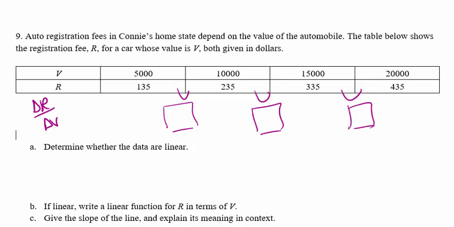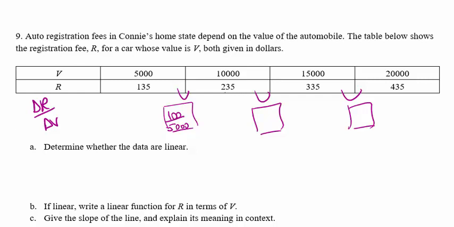So I think we can do this kind of quickly. You're just going to do 235 minus 135, so 100 over 10,000 minus 5,000, or 100 over 5,000. And that simplifies to 1 over 50.